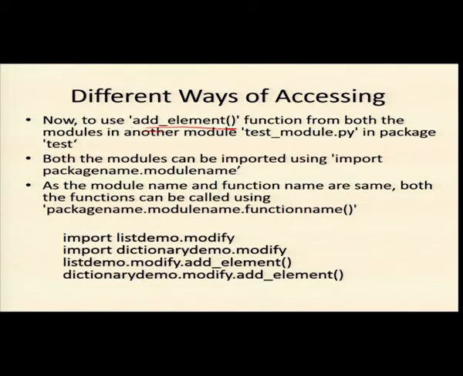Now let us see how to access, what are the ways of accessing. So we have a function called add element. This function is available from both the modules in another module called test module. This add element is available in a module called test module.